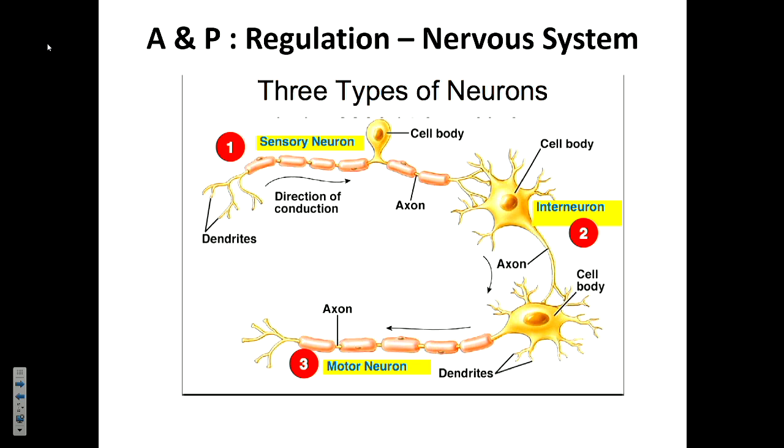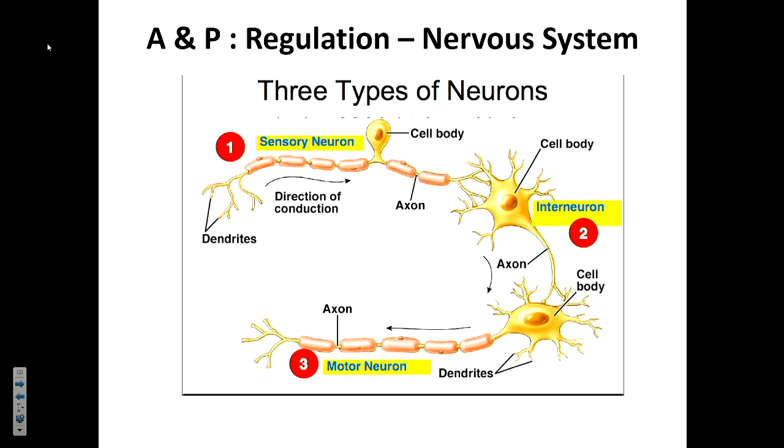That one is connected to your motor neuron, and the signal passes from the cell body of the motor neuron, down the axon, all the way through until it gets to the terminal where it actually triggers the motion or some kind of activity for that to start happening. So the connection between these three types of neurons and their function is going to be something important for you to see.